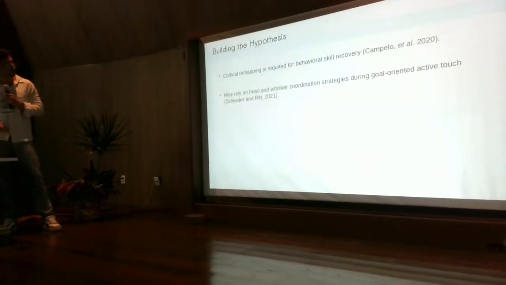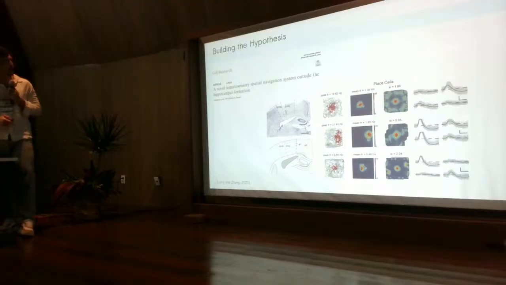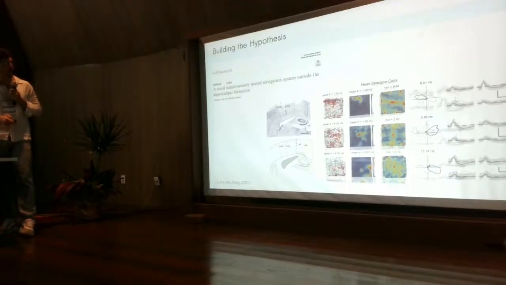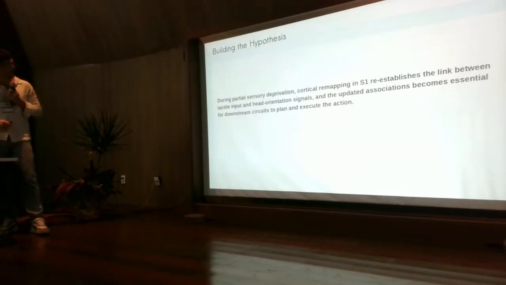Now, we just want to show our hypothesis. Considering that cortical remapping is required for behavioral skills recovery, and that mice also rely on head and whisker coordination strategies during goal-oriented active touch, and the recent discovery of a spatial navigation system in the somatosensory cortex with place cells, head direction cells, border cells, and grid cells, we think that during partial sensory deprivation, cortical remapping in the primary somatosensory cortex reestablishes the link between tactile input and head orientation signals.